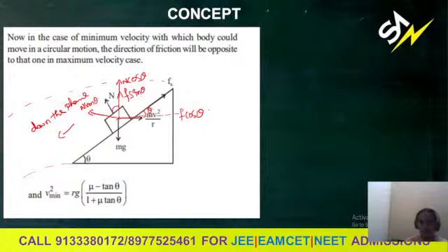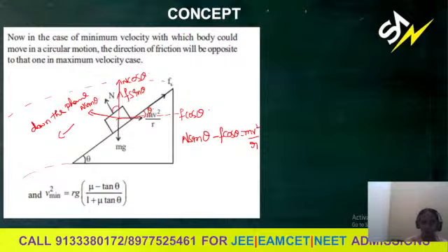For the condition of equilibrium, we can balance the forces horizontally and vertically. That is, N sin theta minus f cos theta is equal to mv squared by r, the resultant force. These are the horizontal forces.